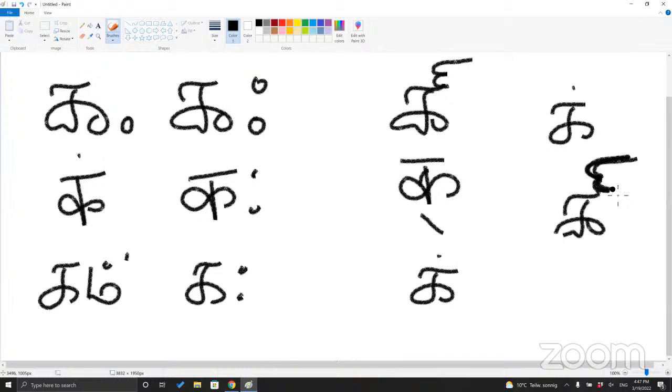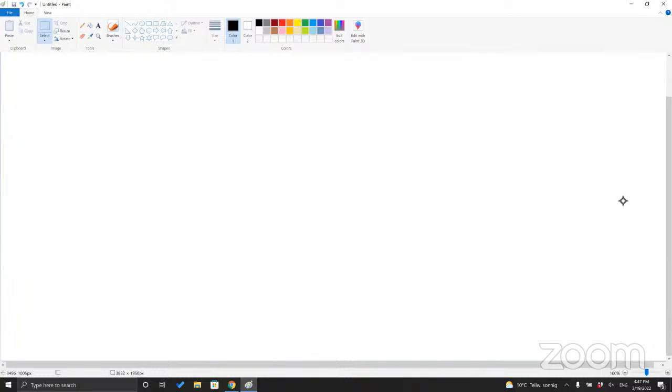So let's try to read a few words. I'm sorry, before that, there's one more small symbol, the avagraha. You can see the avagraha is written either like this or like this.